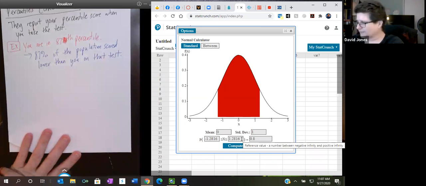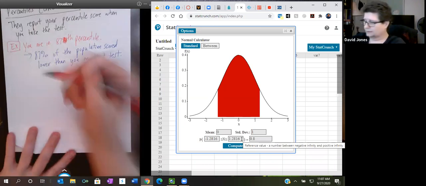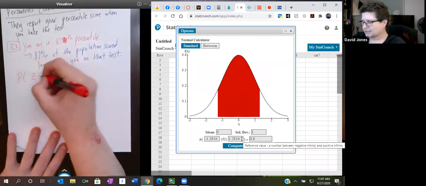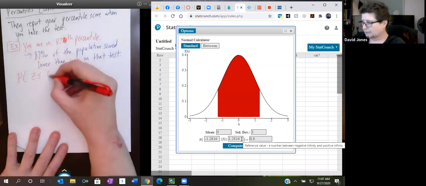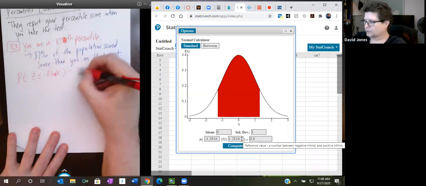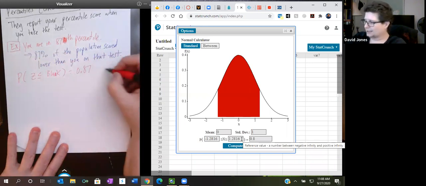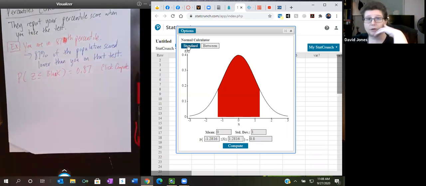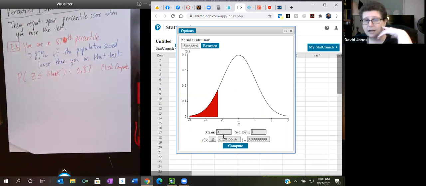Which is effectively in z-score format: probability that z is less than or equal to blank equals 0.87, click compute. Go back to standard here.